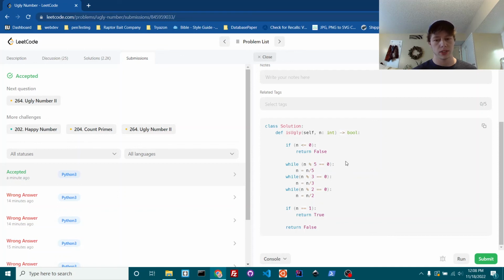But with a number like 35, it'll divide by 5 as much as it can and end up with 7, realize 7 is no longer divisible by 5, then try 3, not divisible, then try 2, not divisible. So 7 is a prime factor of 35, but it's not 5, 3, or 2.